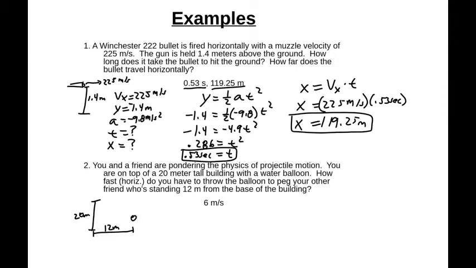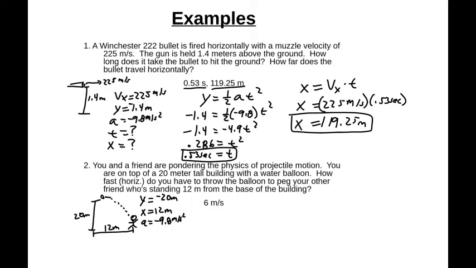Okay. So I know y is negative 20, because again the water balloon is going to fall down. I know x is 12. Okay, I know A is negative 9.8 as always here on planet Earth.